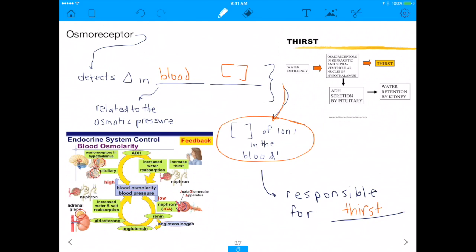This goes straight back to the potato chip example, because when you eat a lot of potato chips, what happens? You get thirsty, right? So osmoreceptors are responsible for detecting changes in the concentration of ions in your blood.